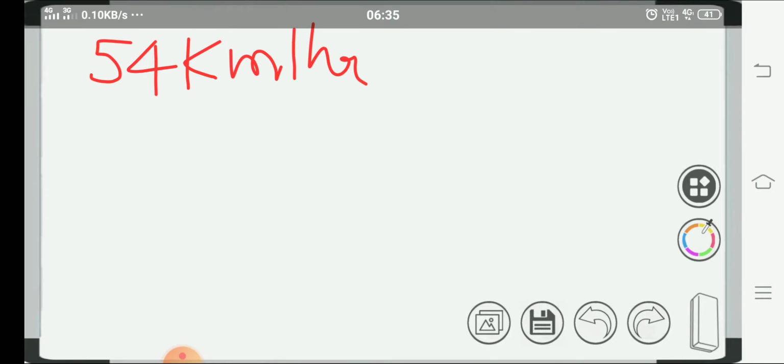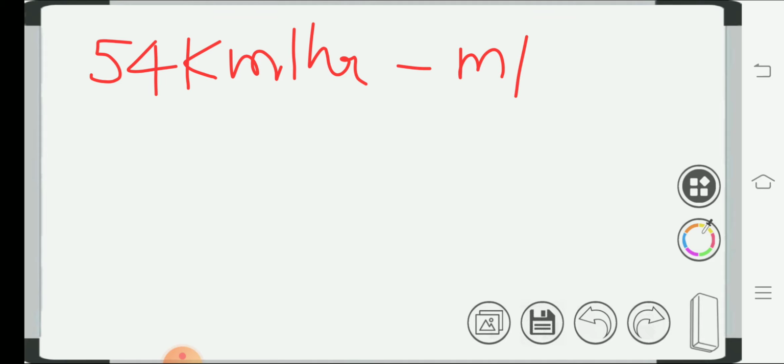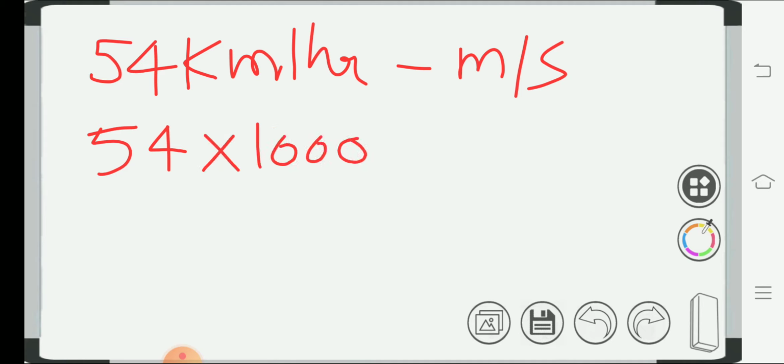Suppose I have to convert 54 kilometer per hour into meter per second. Okay, 54 kilometer I have to multiply. If I have to convert in meter, I have to multiply by 1000, and seconds means 3600.